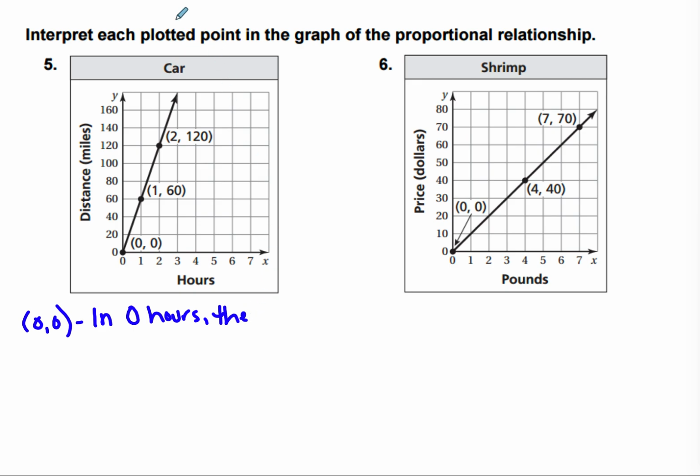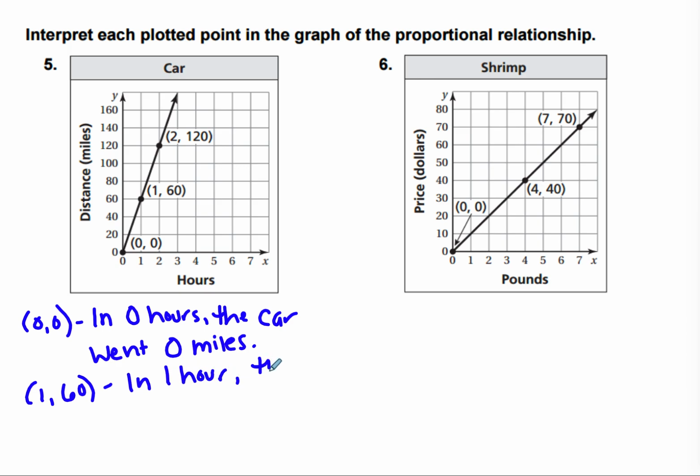The car, because we need to include something about our title, went 0 miles. 1, 60, in 1 hour, my car went 60 miles.